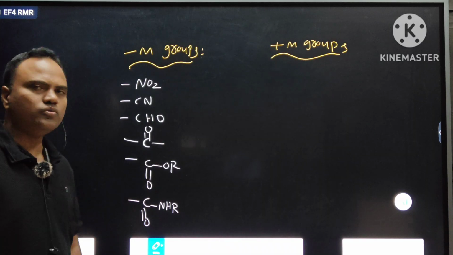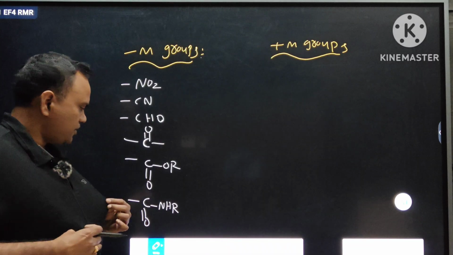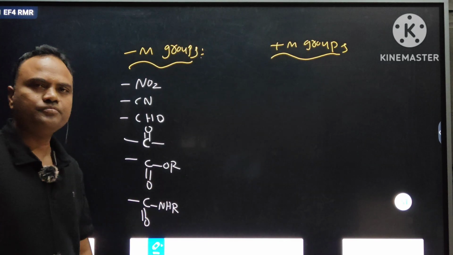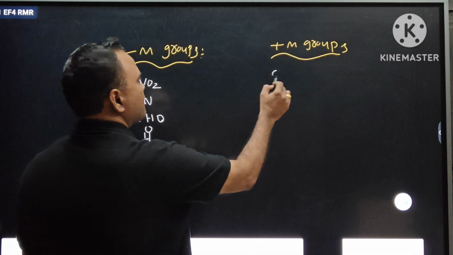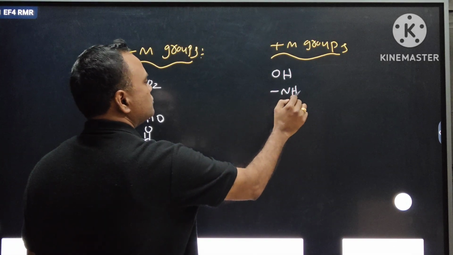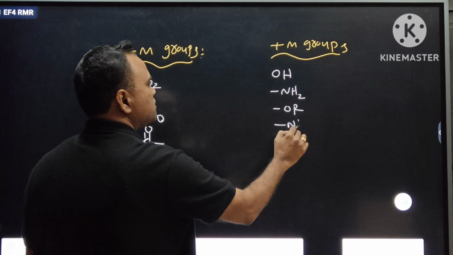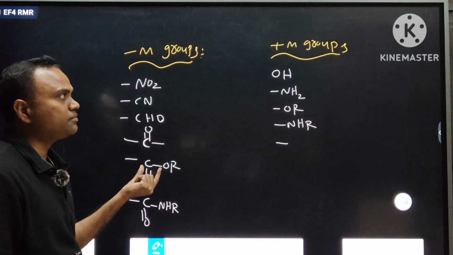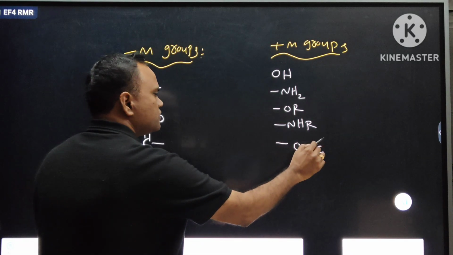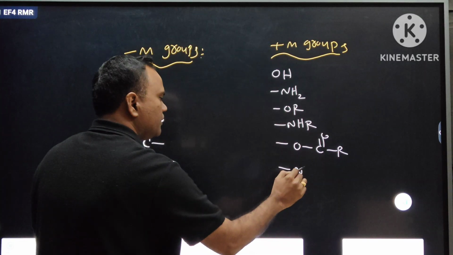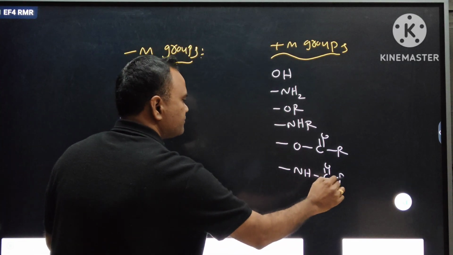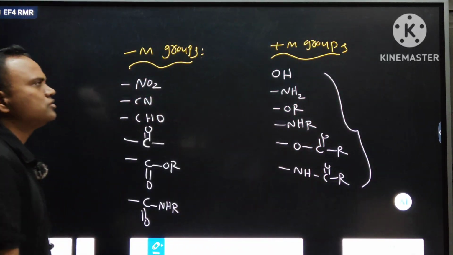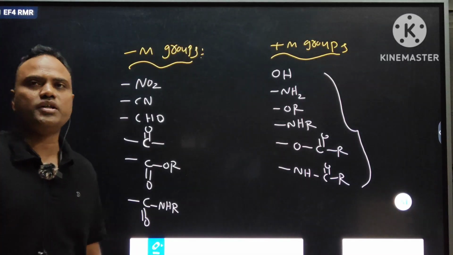If a C double bond to C double bond link is present, then it acts as a minus M, ester and amide, right, as it is. And plus M groups: OH, NH2, OR, NHR, okay. And see, ester is also considered as a plus M, but the link is different. Amide also, but the link is different. Okay, these are electron donating groups through resonance.